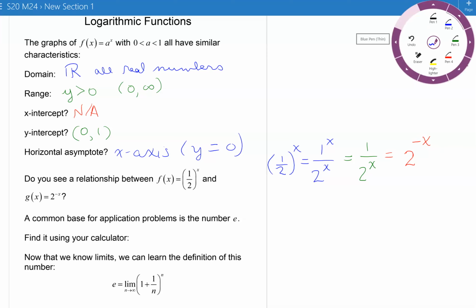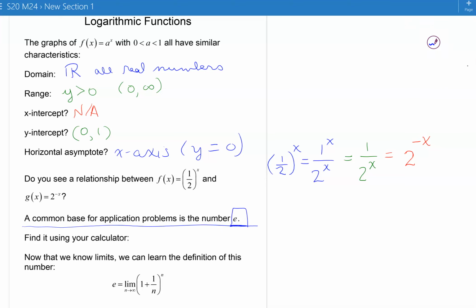A really common base for application problems is this number e, which hopefully you've run into before. You need to be able to find it on your calculator. If you don't have an e button and you only have an e to the x button, then you can find e by doing e to the power of 1.